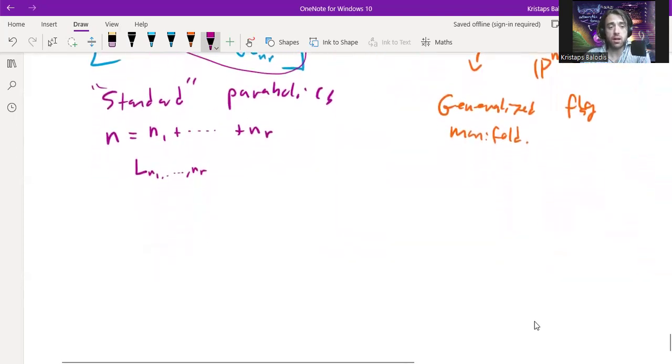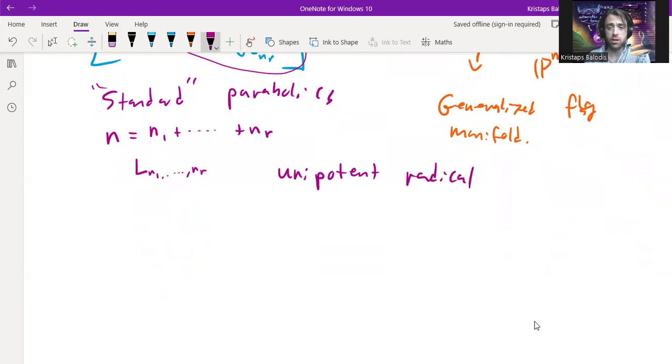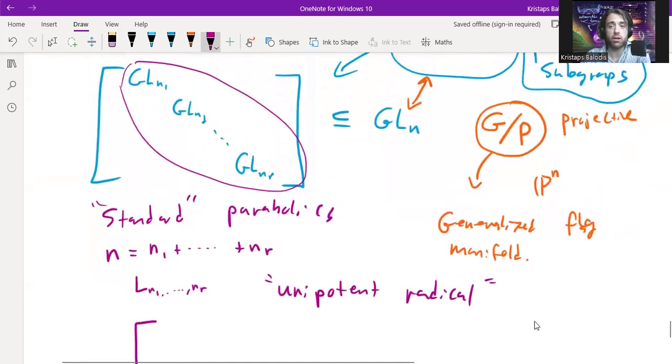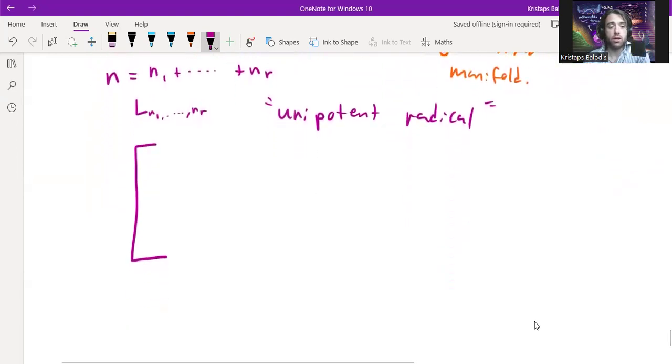And then the unipotent radical, that means something and has some general definition. Forget the more general definition for now, but the unipotent radical associated to this partition is going to be everywhere up above where we had a copy of GL_n, you're just going to plug in the n_i by n_i identity matrix.